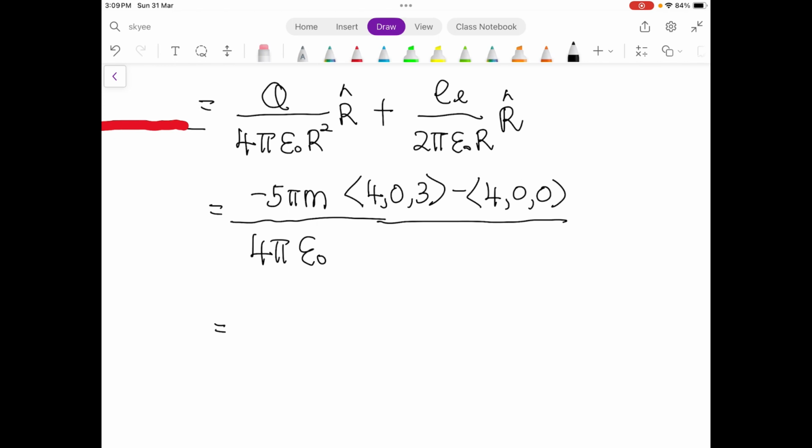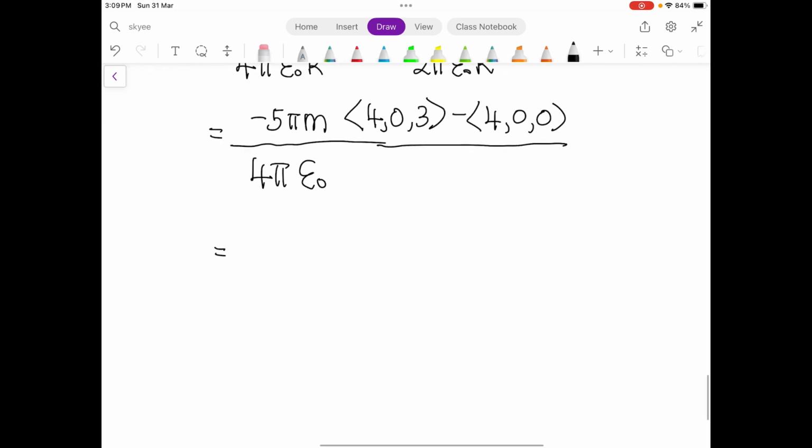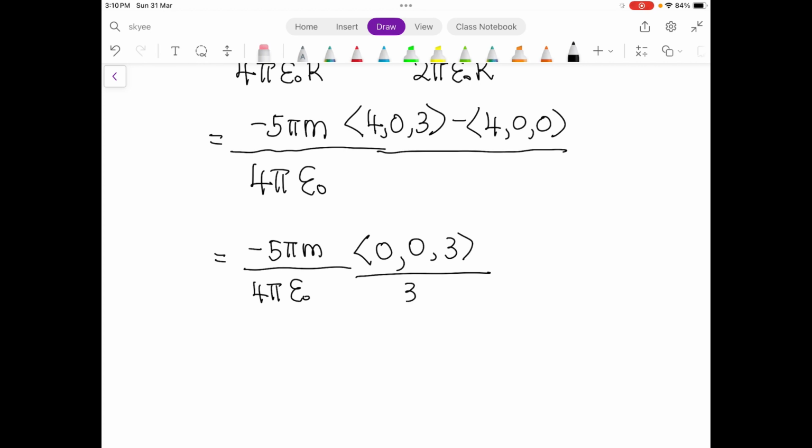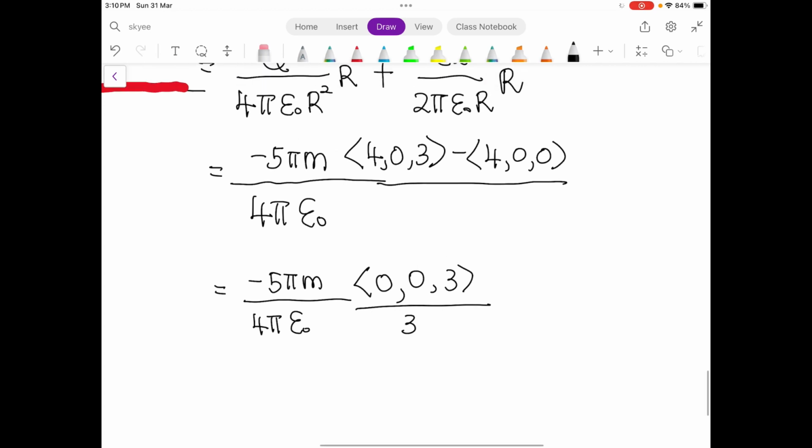We go to the Q first, the electric field from the charge first. So this one will give you negative 5 pi milli over this one. Then you will have (0,0,3), meaning that the magnitude is also 3, and over here you have 9. So you can start to calculate this one.